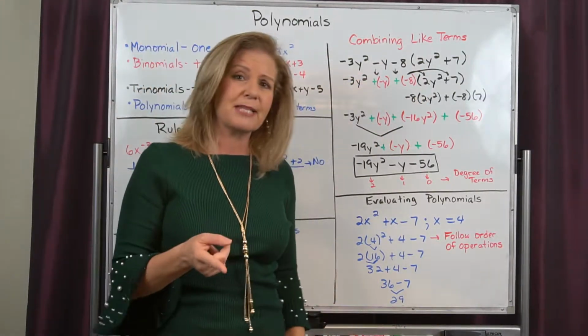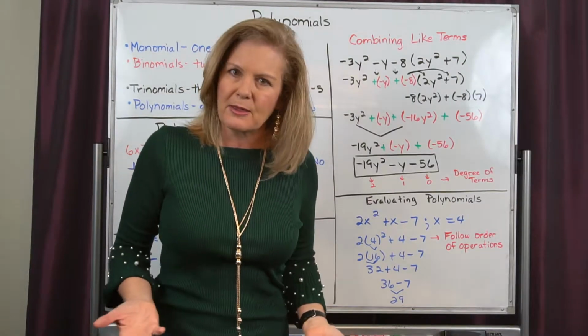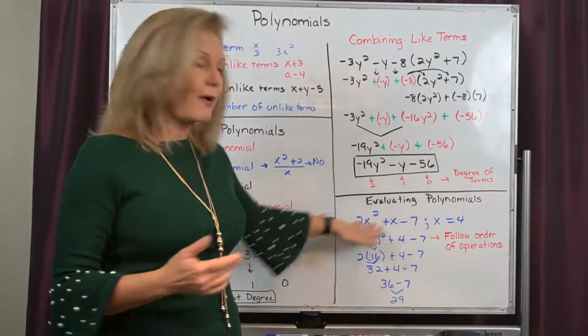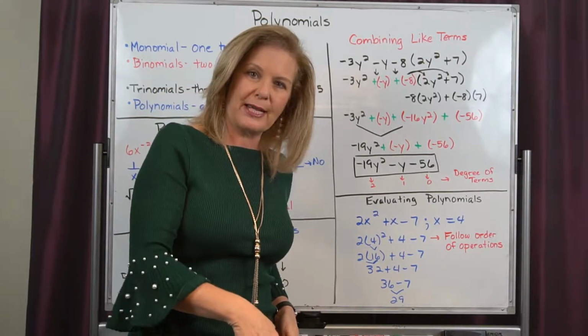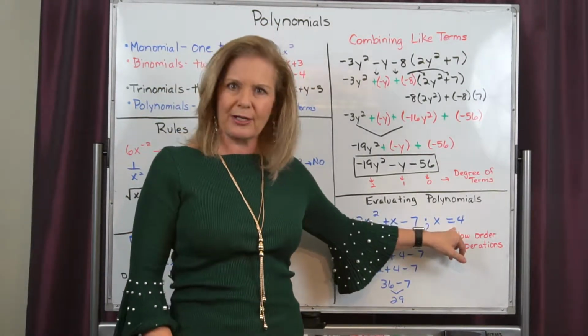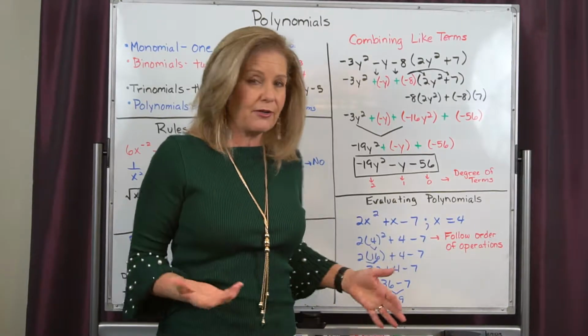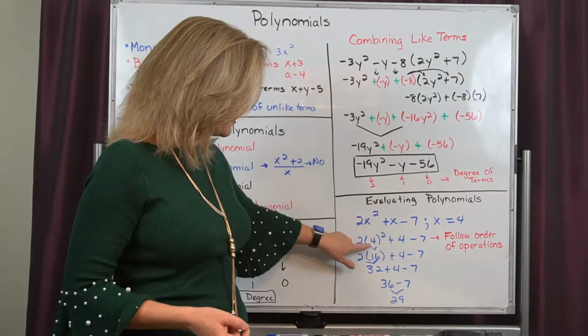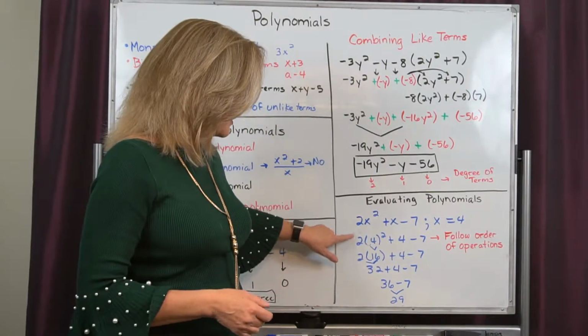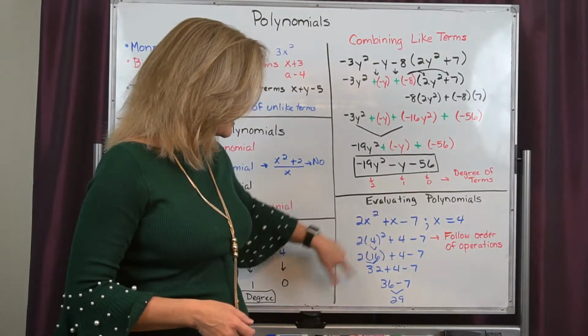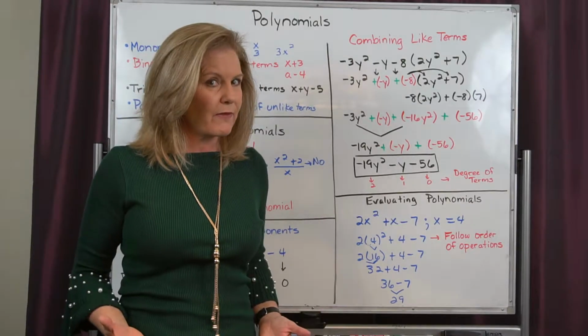Now sometimes they're just going to say evaluate the polynomial. Well, remember, these are all expressions, they're not equations. So in order for me to evaluate it, I have to know what the variable is. But if I know the variable, all I have to do is substitute the variable in for every x that I see. So when I see that 4, I substitute it in. Now I have to follow order of operations.